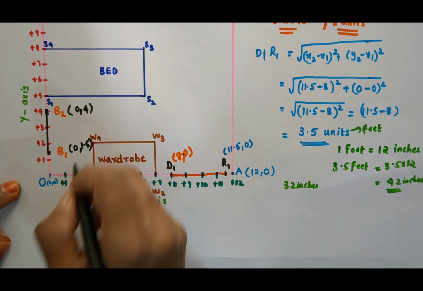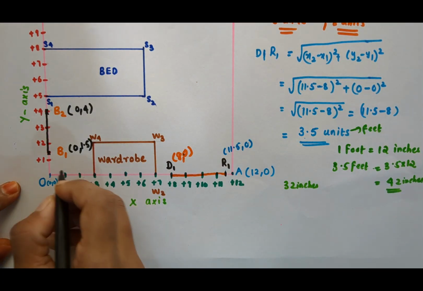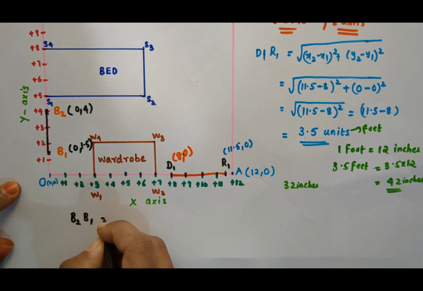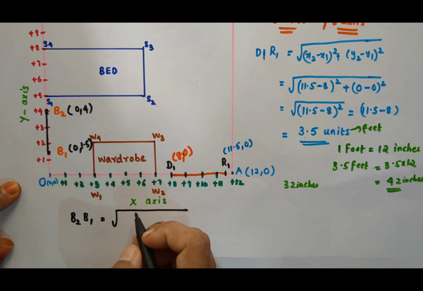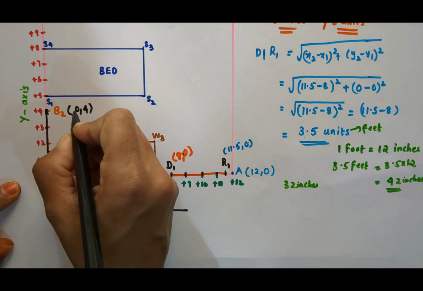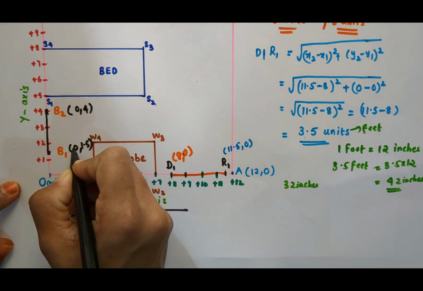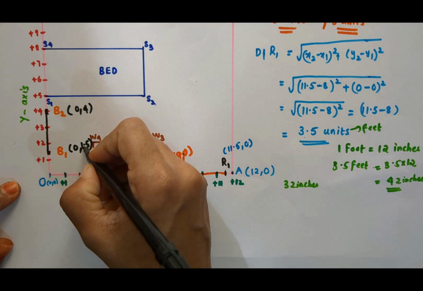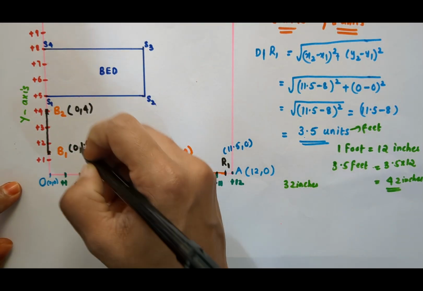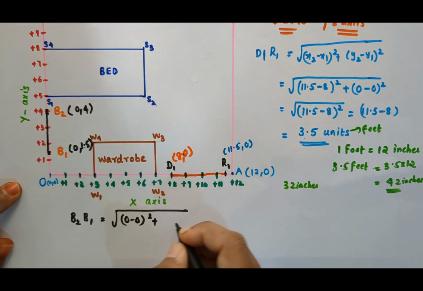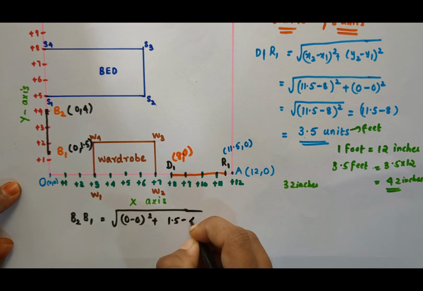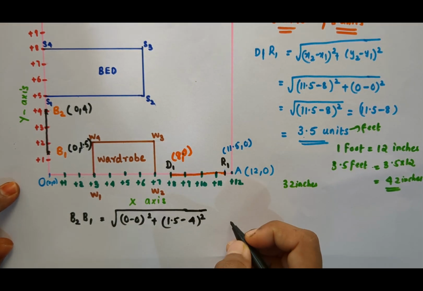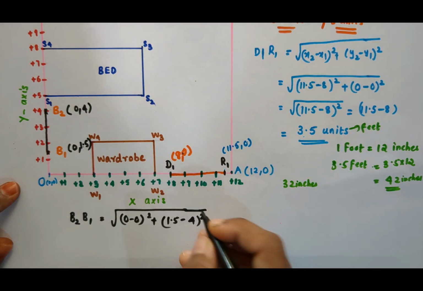To find this distance, we can use the same equation: square root of (x2 minus x1) the whole square plus (y2 minus y1) the whole square. The x coordinate is 0 here, so 0 minus 0 all squared, plus 1.5 minus 4 the whole square. Or you can take 4 minus 1.5 all squared, no problem, because when we take the square it will become positive.